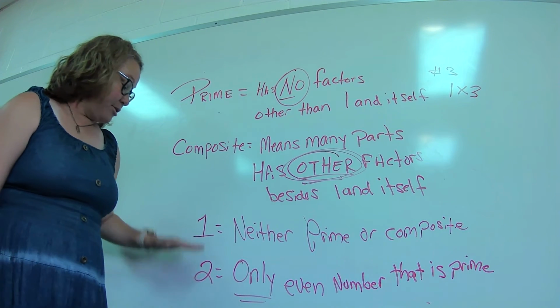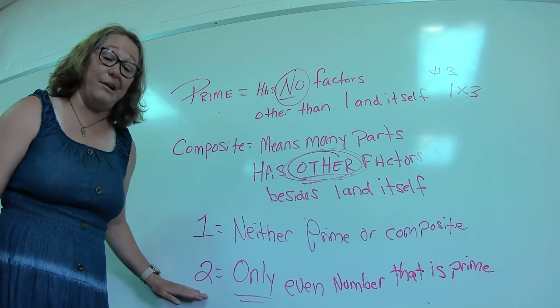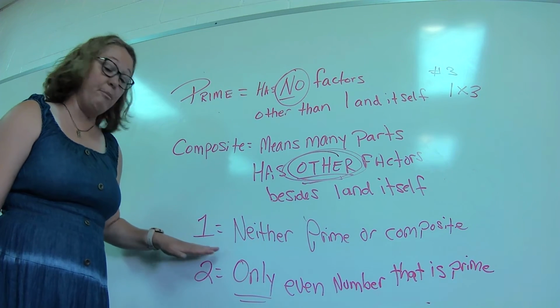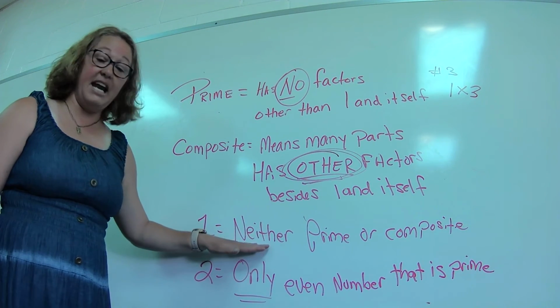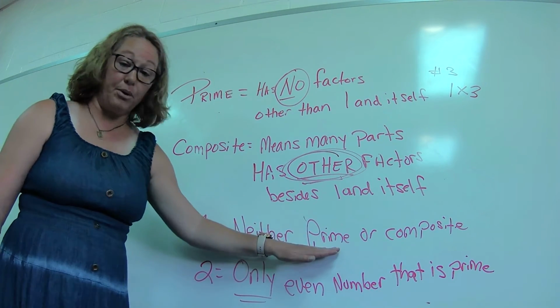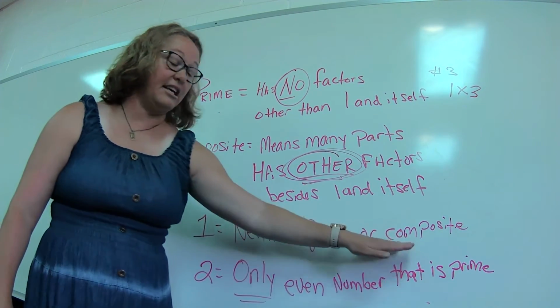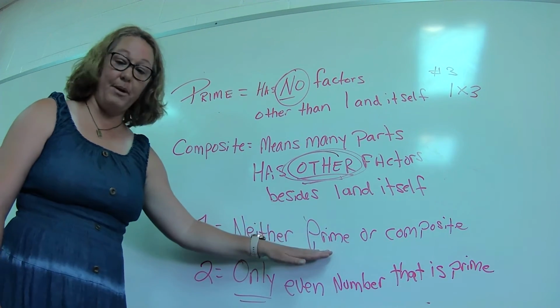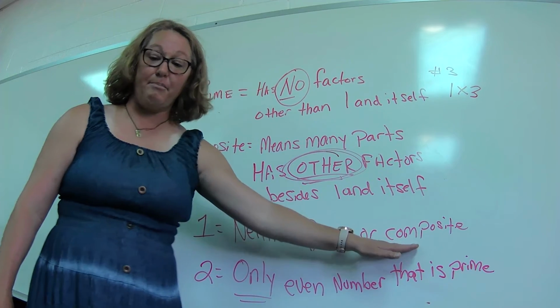We have 2 numbers here that I wrote up here that's very important to remember as math facts. These facts will never change. The number 1 is neither, means it's not prime, and it's not composite. Therefore, it is neither one of them. It's never going to be prime, and it's never going to be composite.